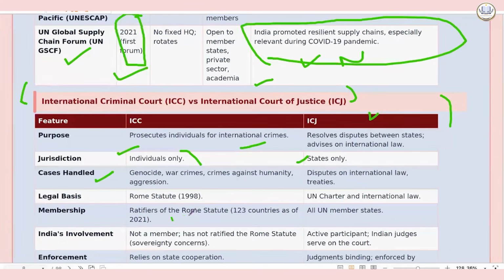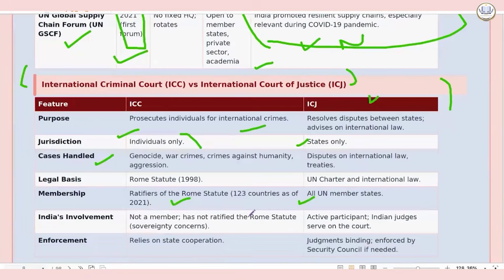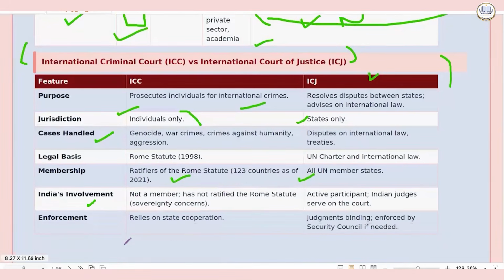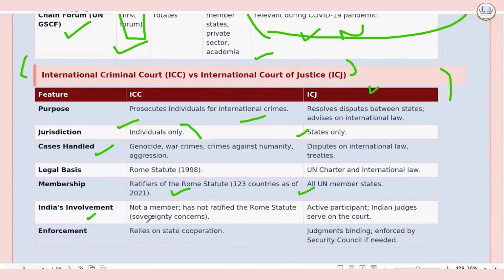Membership: ratifiers of the Rome Statute, 123 countries as of 2021, and for the ICJ, all UN member states. India's involvement: India is not a member and has not ratified the Rome Statute. Sovereignty concerns are there. In terms of the ICJ, it is an active participant. Indian judges serve on the court as well, as we have read one name. The ICC relies on state cooperation, and the ICJ judgments are enforced by the Security Council if needed, not always.